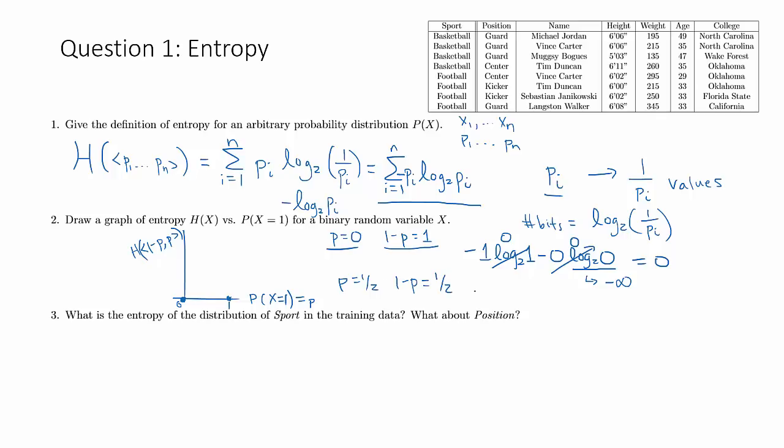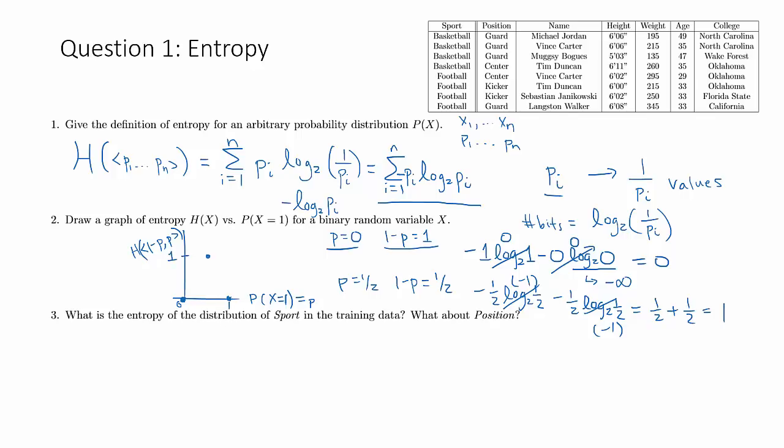And so we have minus 1/2 log base 2 of 1/2 for x equals 0. And for x equals 1, again, we have minus 1/2 log base 2 of 1/2. Log base 2 of 1/2 is just minus 1. And so here we have 1/2 plus 1/2, which is equal to 1. And let's put that point right here.